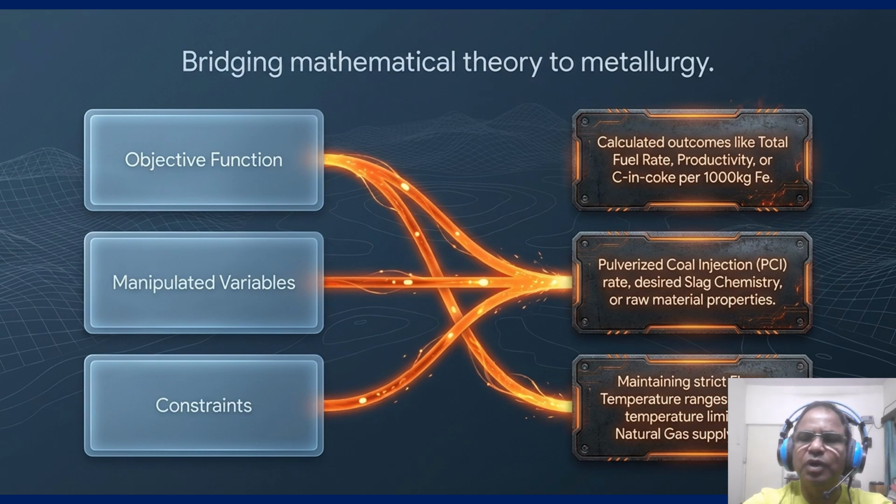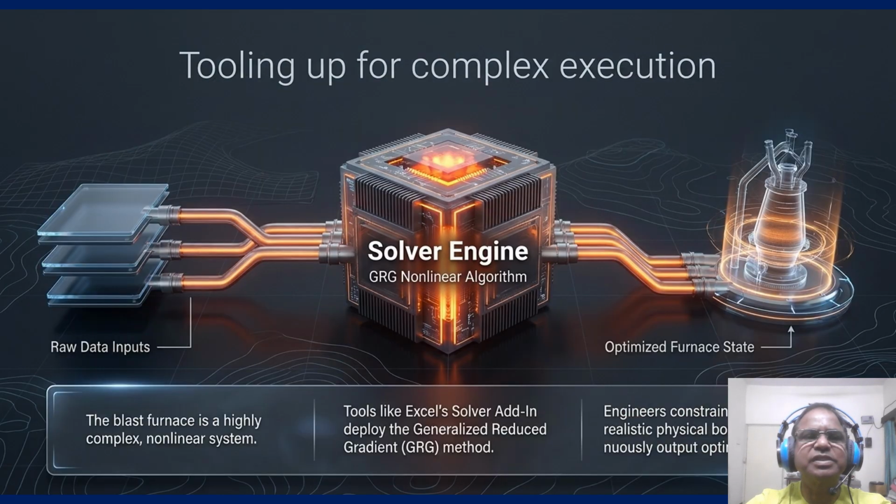So coming to our practical way to do this, it is by using the Excel Solver. In this slide, we try to give this message. In Solver, we define the objective cell, the changing variable cells and the constraints. Then we select GRG nonlinear as the solving method for smooth nonlinear problems. GRG helps find a locally optimal solution, which means the best solution near the current operating region.